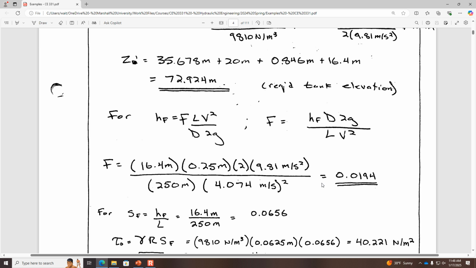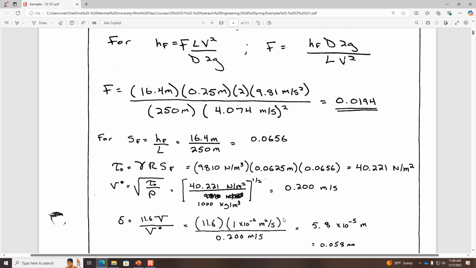So that's the f value, 0.0194, and then the slope of the energy grade line. This is important to reinforce the definition of the slope of the energy grade line. It's head loss divided by length. So the slope of the energy grade line is 0.0656.